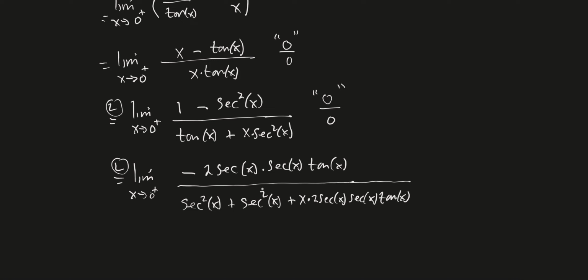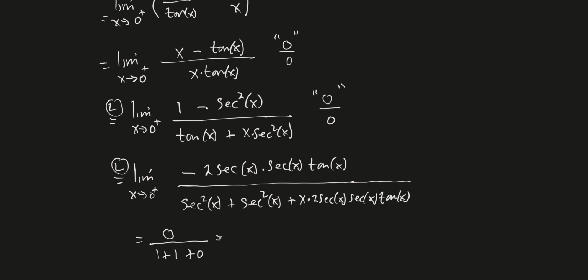Now what happens here is that as x approaches 0, secant approaches 1 and tangent approaches 0. So in the numerator we will have 0, but in the denominator we won't. In the denominator, look at what we're going to have. This approaches 1, this approaches 1, and then this term here approaches 0, so plus 0.